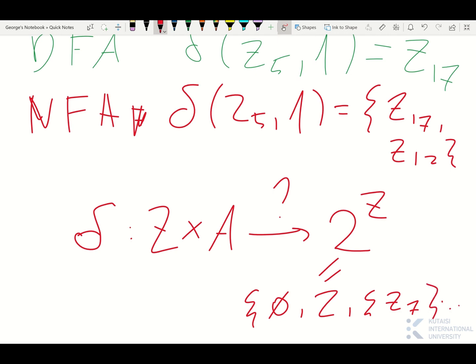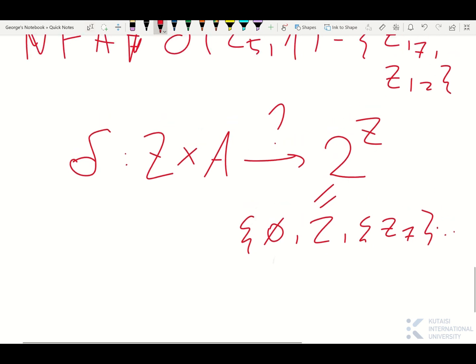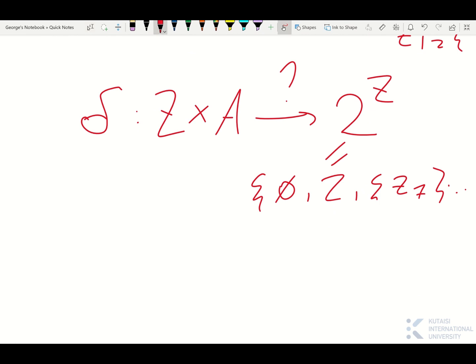It also includes double things, like Z12, Z17. It also includes triples, like 3 states, and so on. But it's still finite.